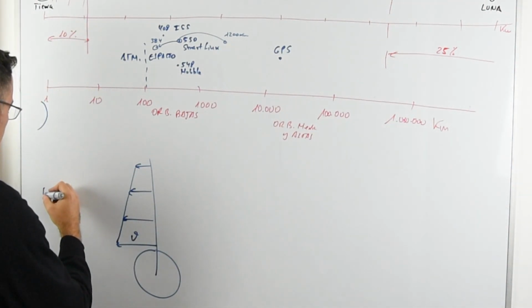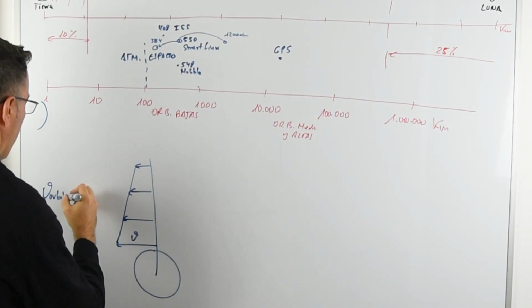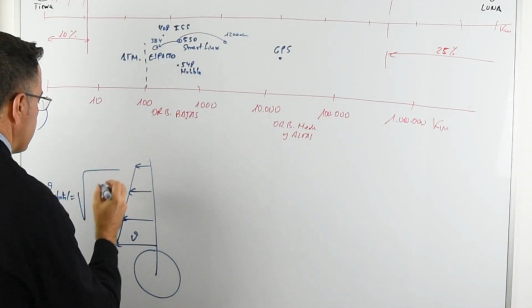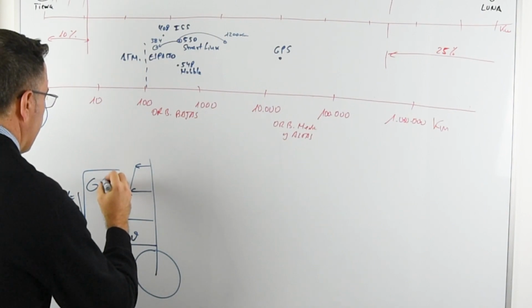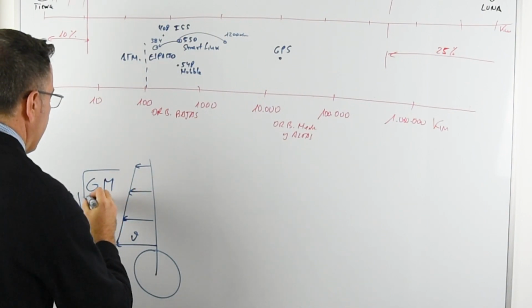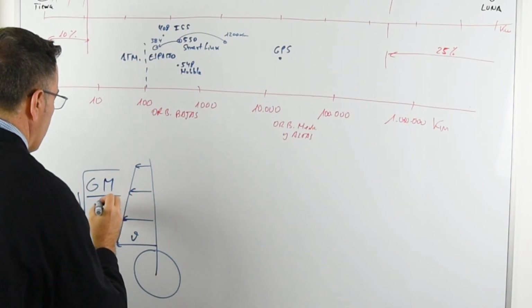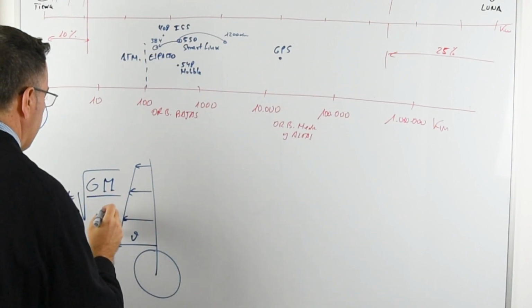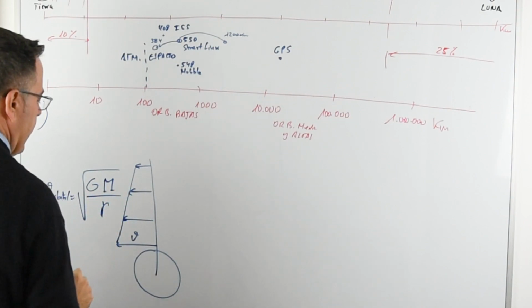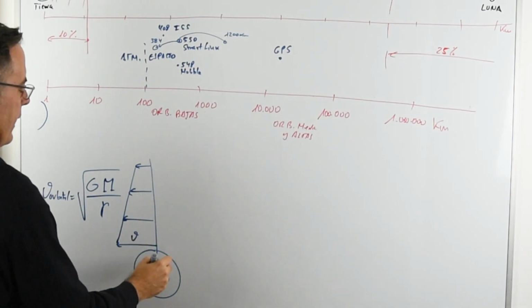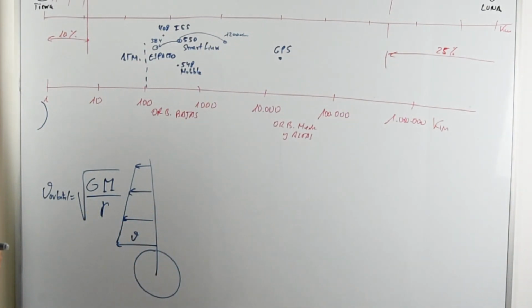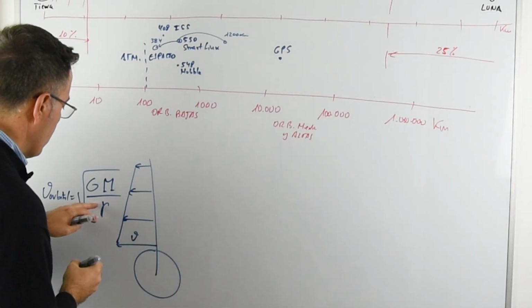The formula for the orbital speed of a circular orbit is the square root of G, the gravitational constant, multiplied by the Earth's mass and divided by the distance to the orbit.